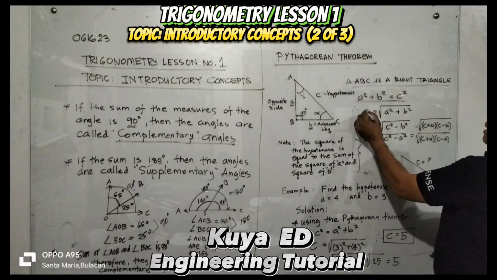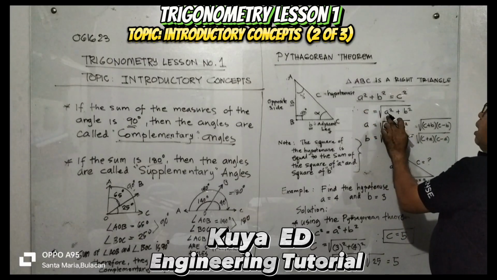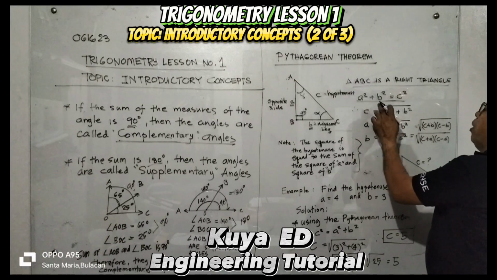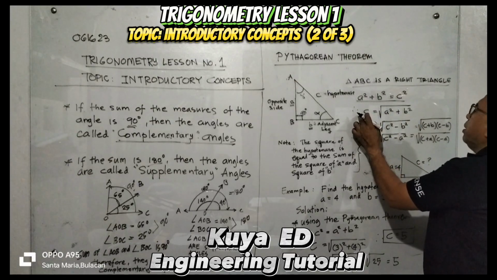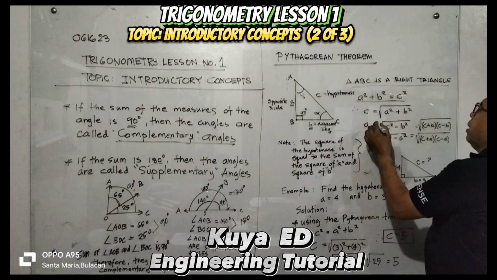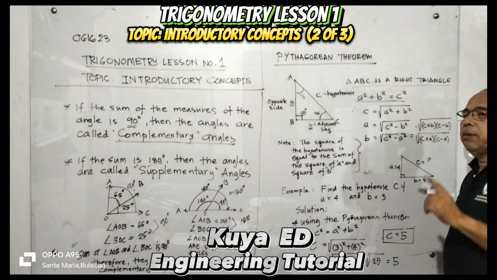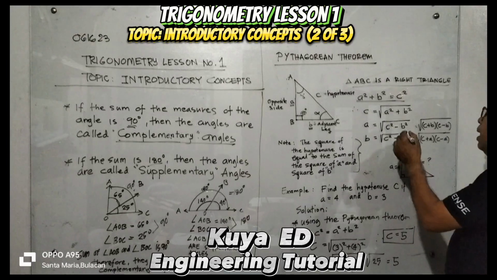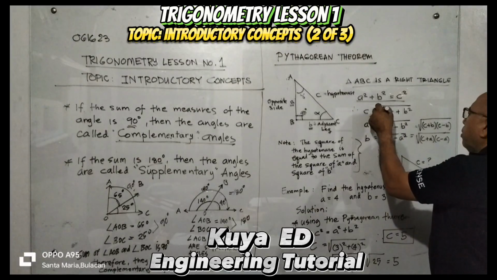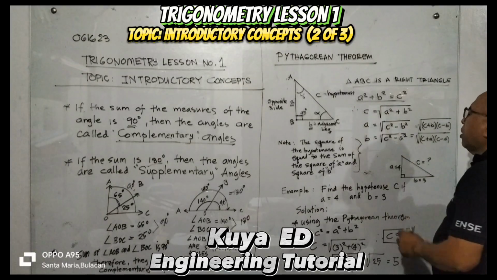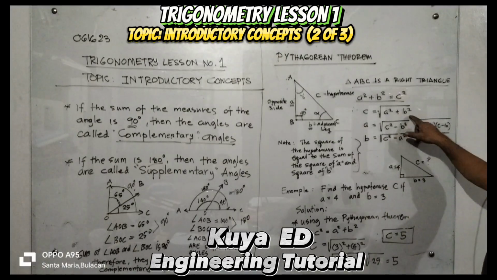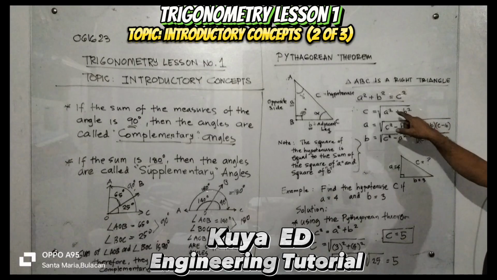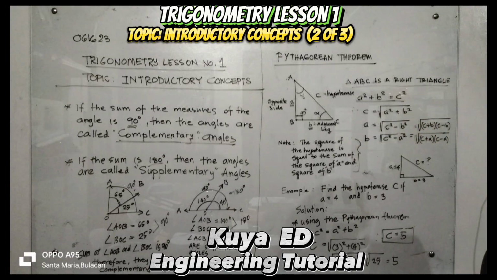Then, makuha na natin ang C by applying the formula A squared plus B squared equals C squared. But since we wanted to get the value of C, that's why we apply the radical sign here. Meaning to say, we need to get the square root of the sum. Okay, so para makuha natin ang C.